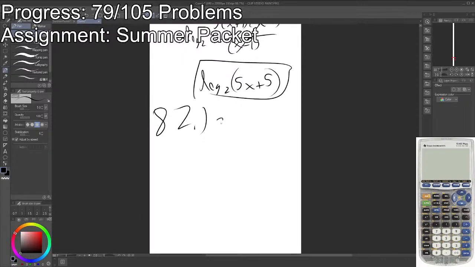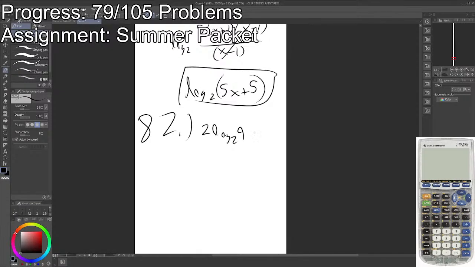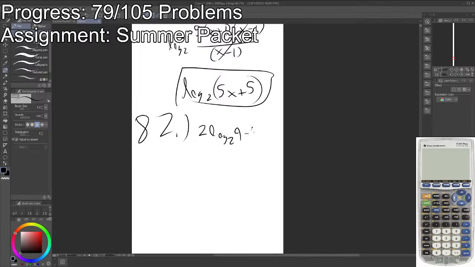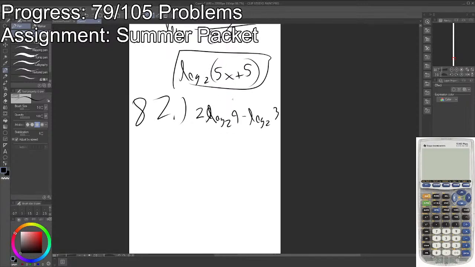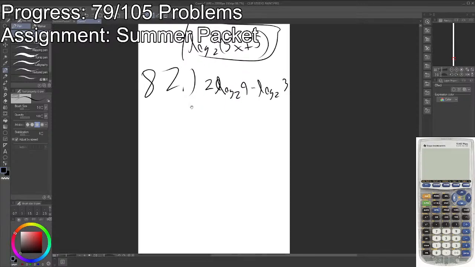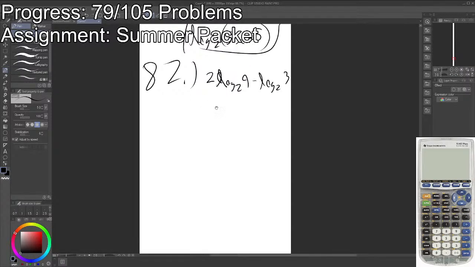Okay, next is 2 log squared. Or, no, I don't even know how to say this. That's what I'm writing down. That's supposed to be an L. Why is this easier than the other one? Right?